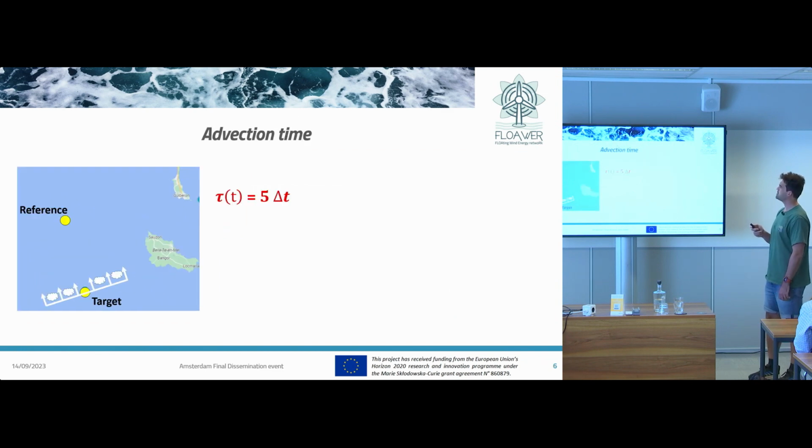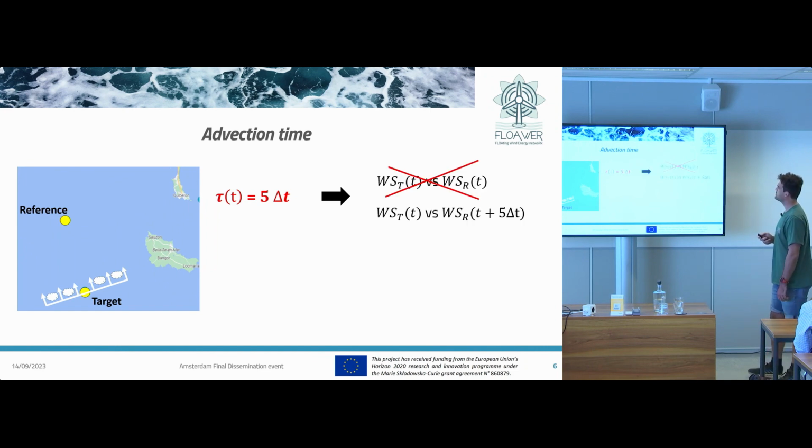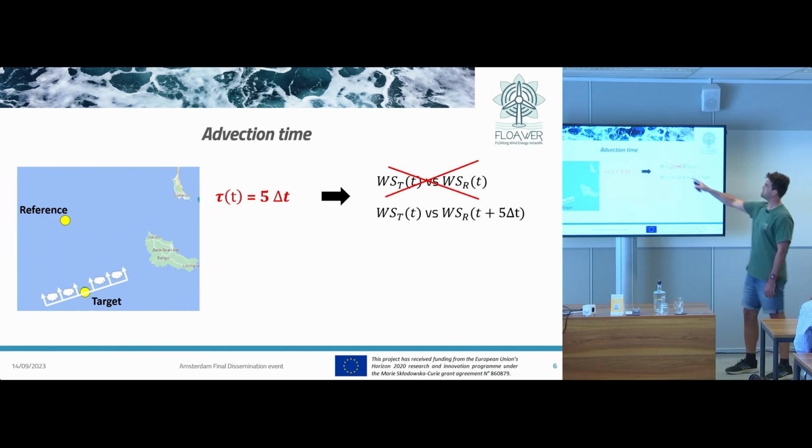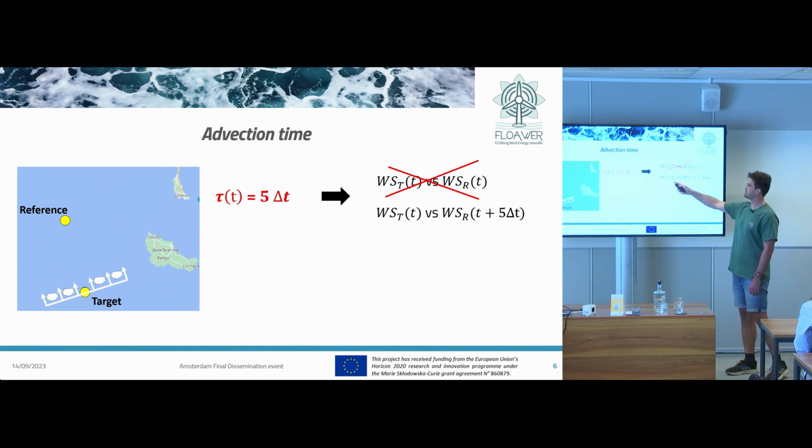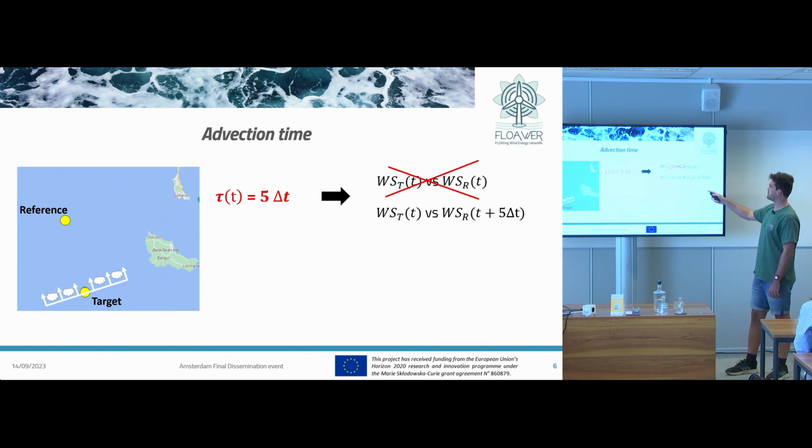So it's a challenge because if the time lag, the traveling time, is 5 time steps, it means that if you want to compare the wind speed at the target at the time t to the wind speed at the reference, you should not compare it at the same time, but you should take into account this lag. It will be better to compare the wind speed at the target at the time t with the wind speed at the reference at the time t plus the advection time.